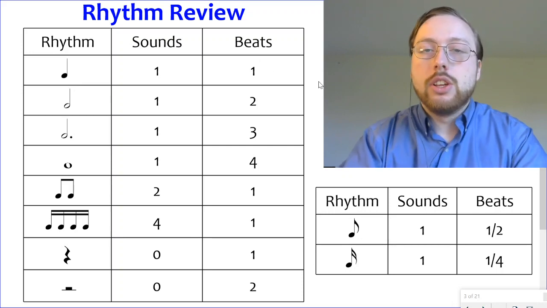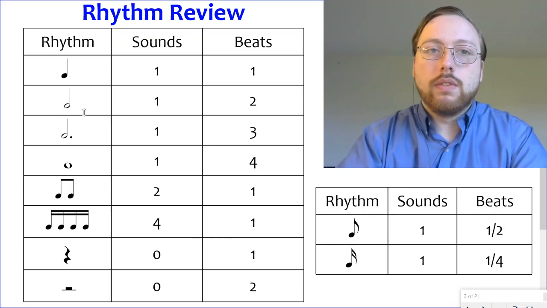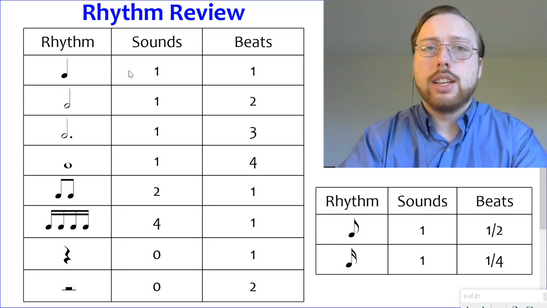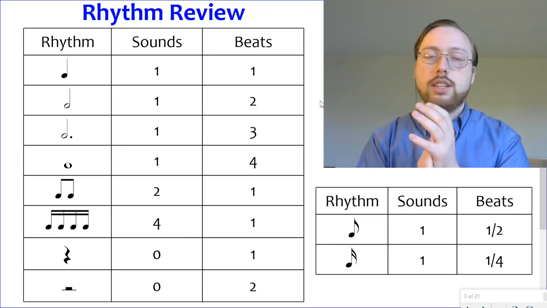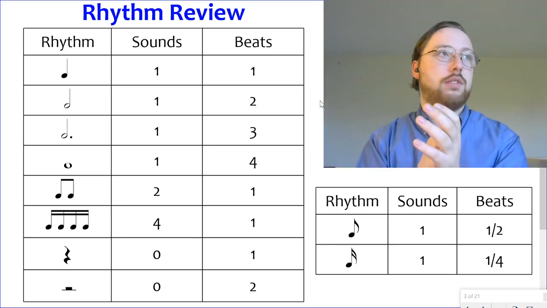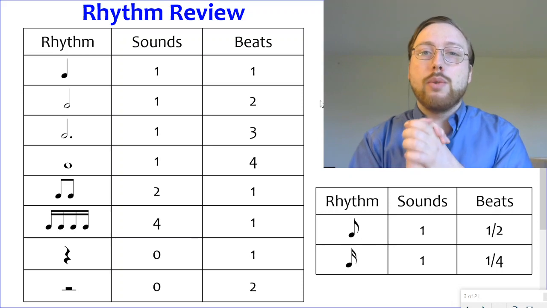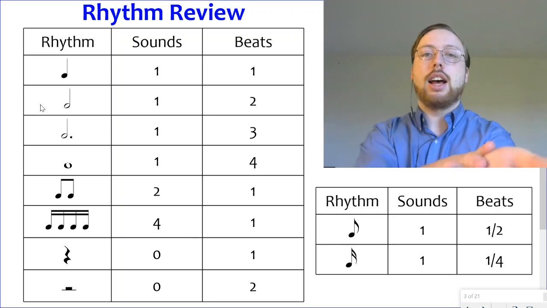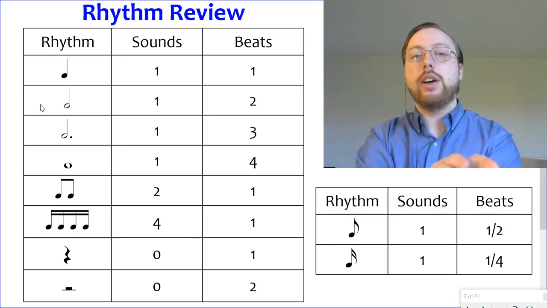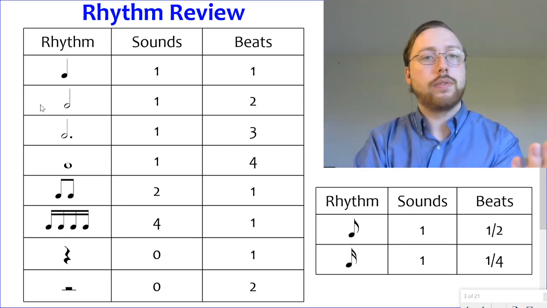So our most simple rhythm, the one we start out with usually, is a ta, or a quarter note. It's the most simple because it has one sound on one beat. Ta. Just one sound, one beat. If we increase the number of beats, so we have 2 beats, then we get a half note, or a ta-a. Notice I clap once, but the sound goes for 2 beats.